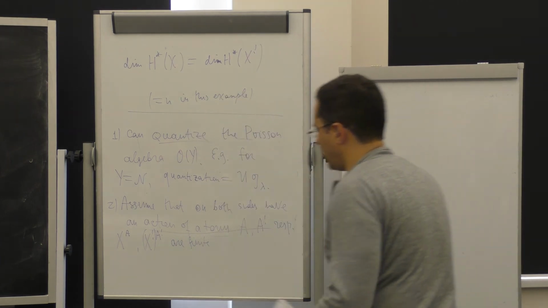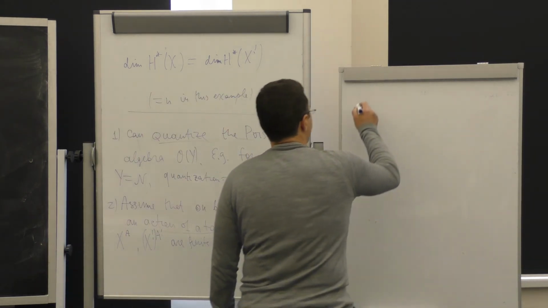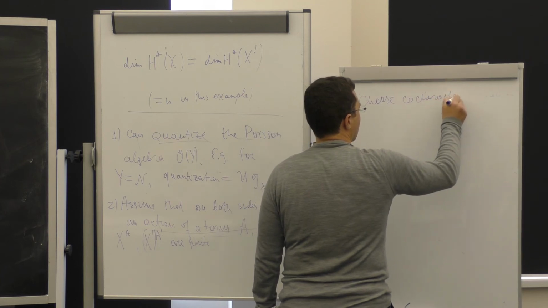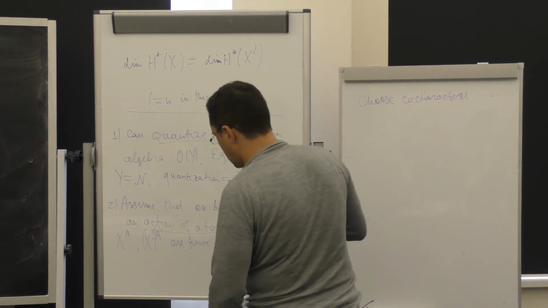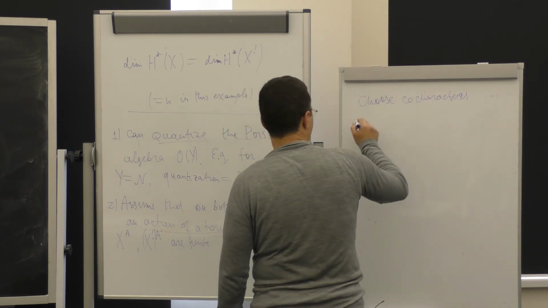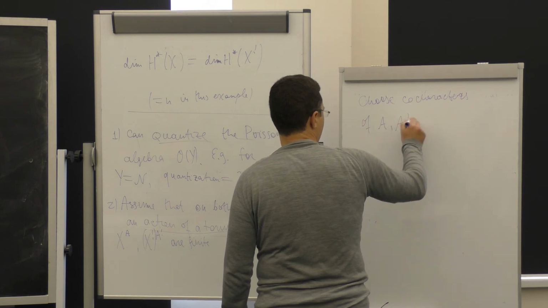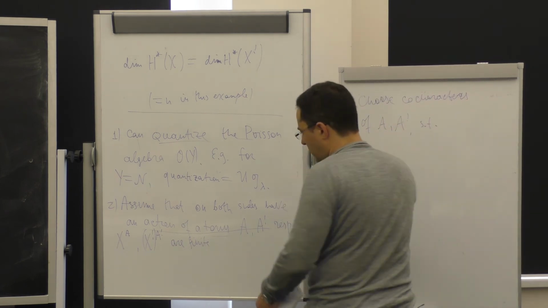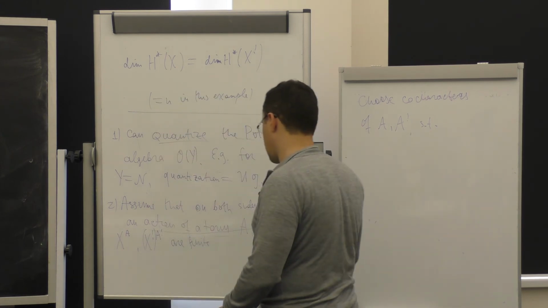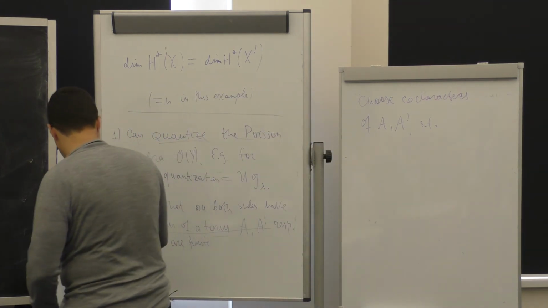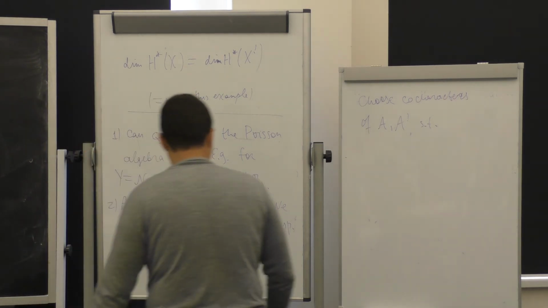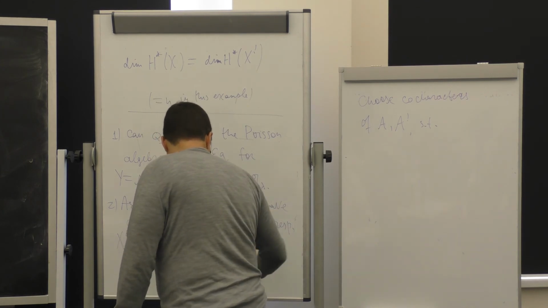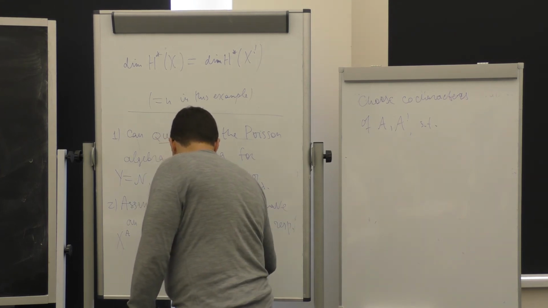So then we can choose generic co-characters of A and A prime, so that the corresponding fixed points... Well, so choosing co-characters, we get an action of C star on X. Yeah, so an action of a torus on X, omega, meaning it preserves the symplectic form.